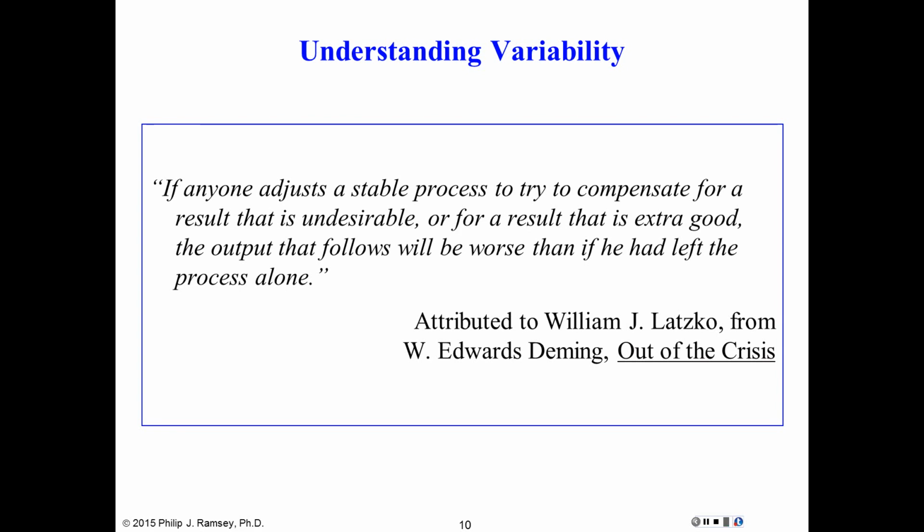By the way, I have seen that in actual practice. With one company, I told them, you're constantly tampering and doing exact compensation. They stopped doing it for 2 weeks and their variation dropped 40%, causing the CEO to almost have his head explode because he said, I can't believe what we've been doing to ourselves for 2 years. We were causing all that variation and we didn't realize it.